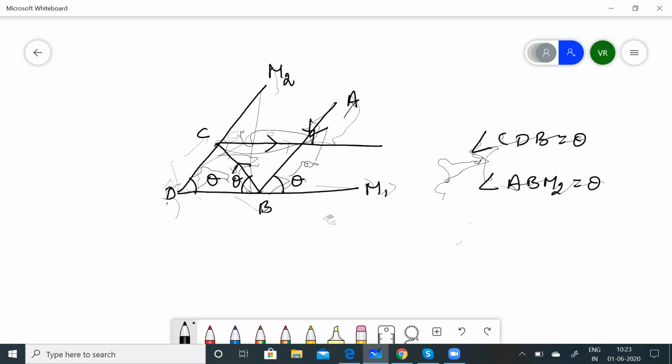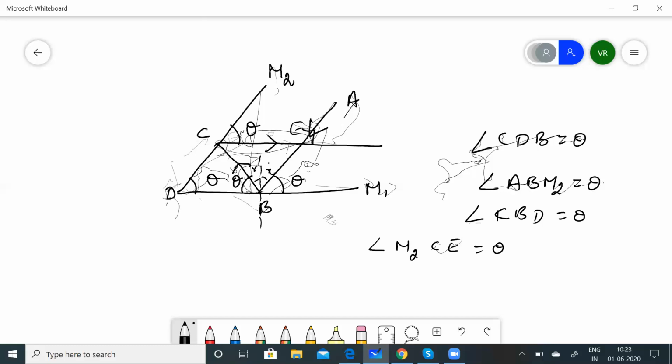If I draw the normal here, this is the angle of incidence and this is the angle of reflection. So the angle of incidence is equal to the angle of reflection, and the other angle also will be equal to theta. That is, angle CBD is also equal to theta. Now angle M2CE, let me mark this as E, is also equal to theta because these both are corresponding angles.